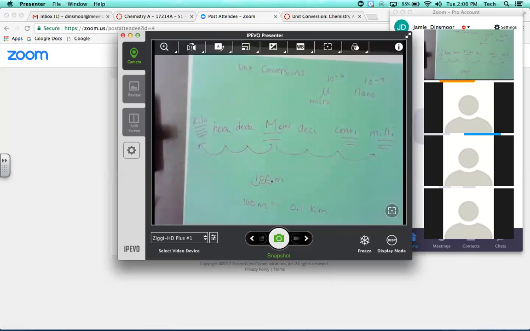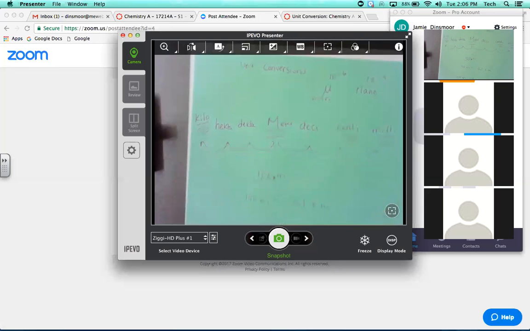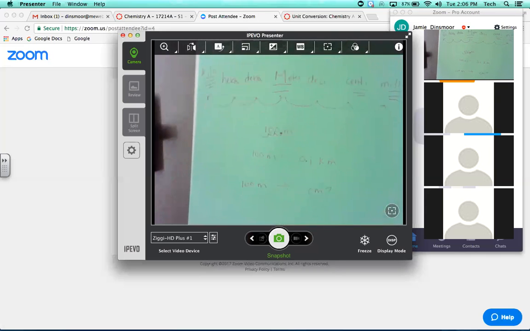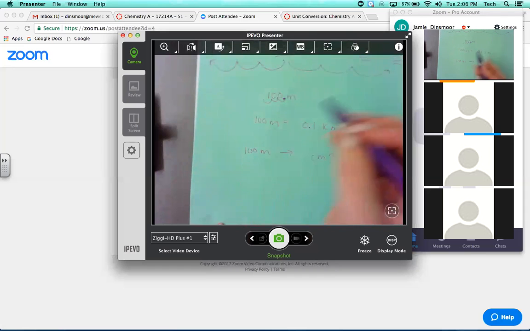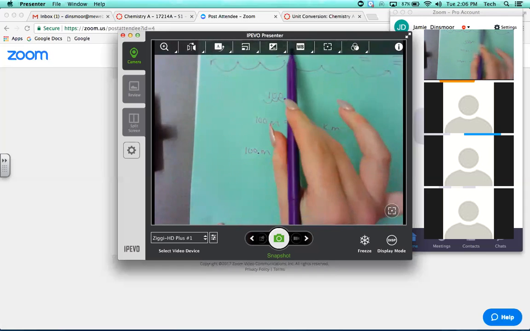Same thing if I want to go the opposite way. Let's say I want to go from 100 meters and I want to get to centimeters. So I put my decimal in the same place at the end of my number. To go from meter to centimeter, I moved 2 times.